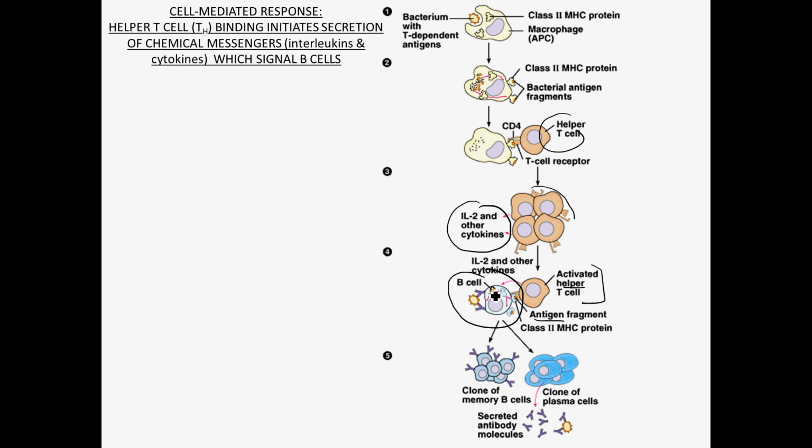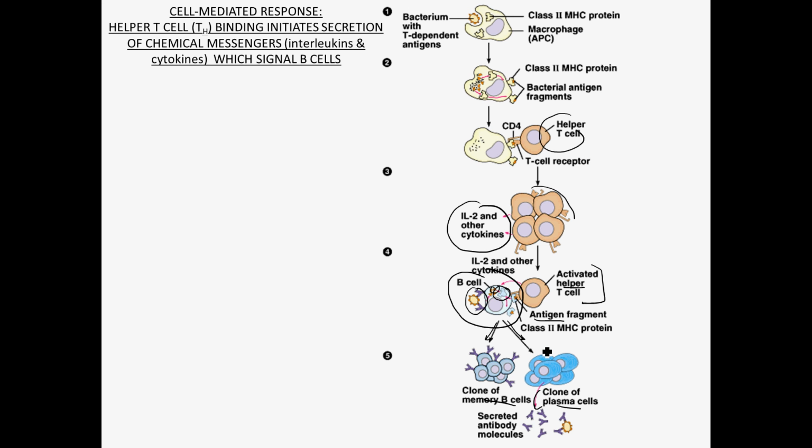Here the B cell took in the pathogen or the antigen, engulfed it after it bound it, and then it's going to present antigen to these helper T cells. When that happens and you get this docking, this binding, those B cells are signaled to undergo mitosis and then to differentiate into memory cells as well as plasma cells. Those plasma cells then begin secreting lots of antibodies.